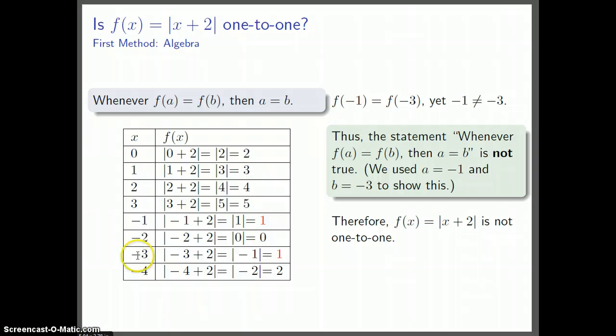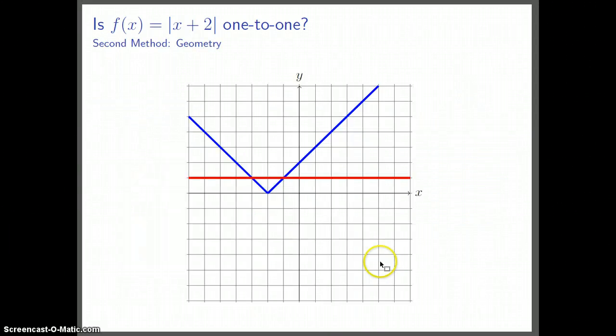Same thing if you plug in x is -3, you get 1. It's good to write a sentence like this, and then write your conclusion out in words like this. You'll notice that there are some formulas showing up here, but all of this is more or less complete sentences.